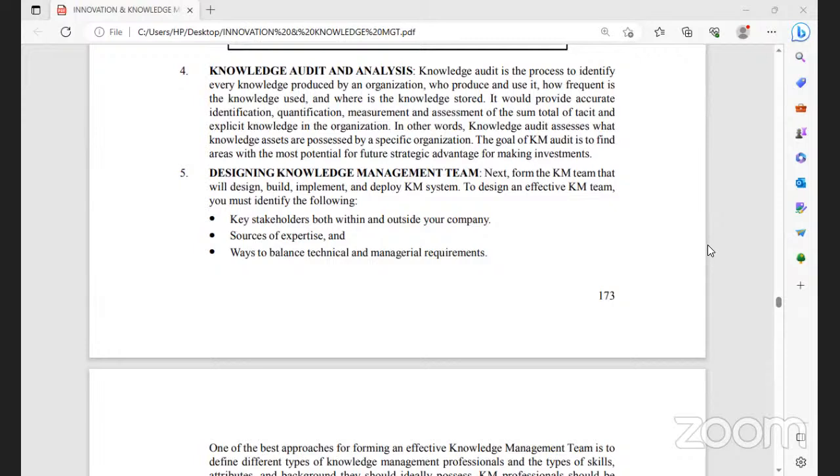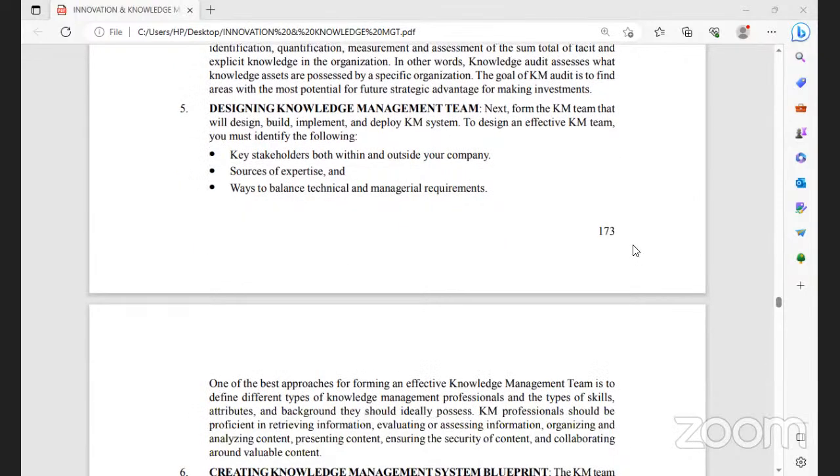To design an effective knowledge management team, you must identify the following: key stakeholders, both within and outside your company, sources of expertise, and ways to balance technical and managerial requirements. Both technical and functional skills should be sound enough in that particular organization.